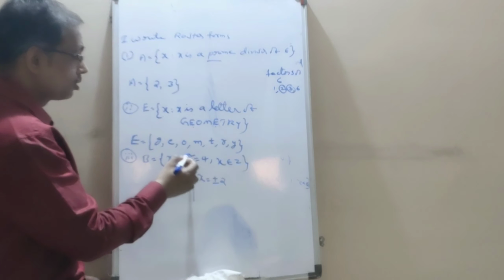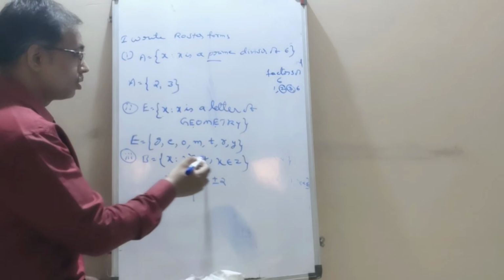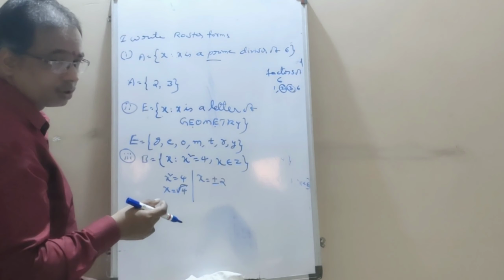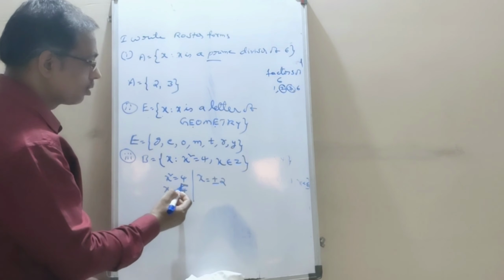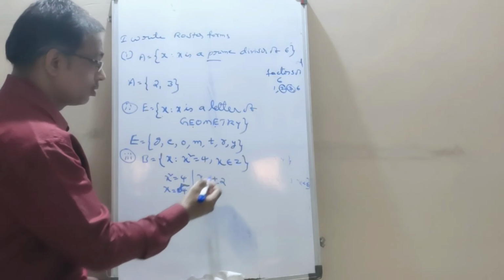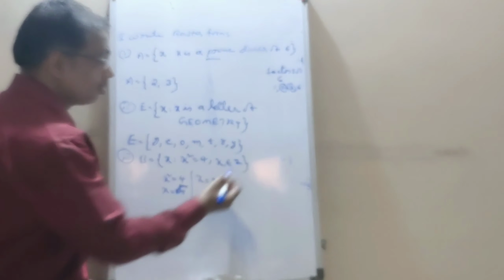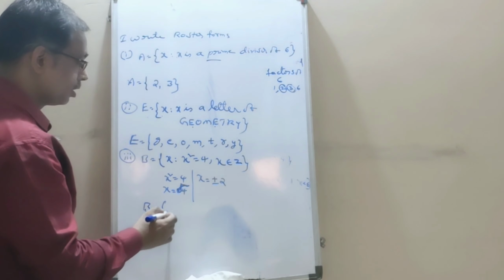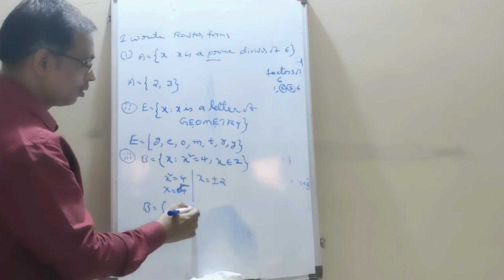That means plus 2 square is 4 and minus 2 square is also 4. That's why square root of 4 has the 2 roots, plus and minus 2. So moreover they give x belongs to Z. That's why the roster form of this one is simply minus 2 and 2.